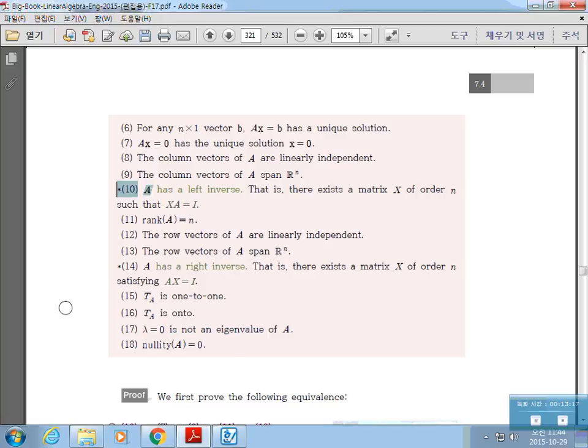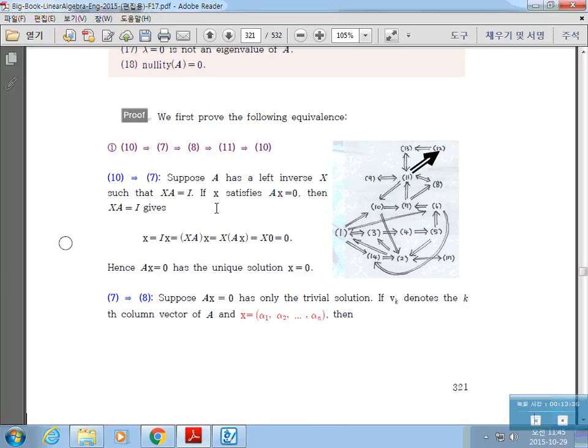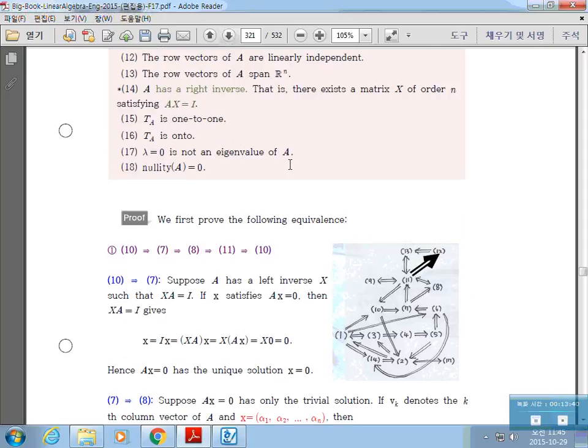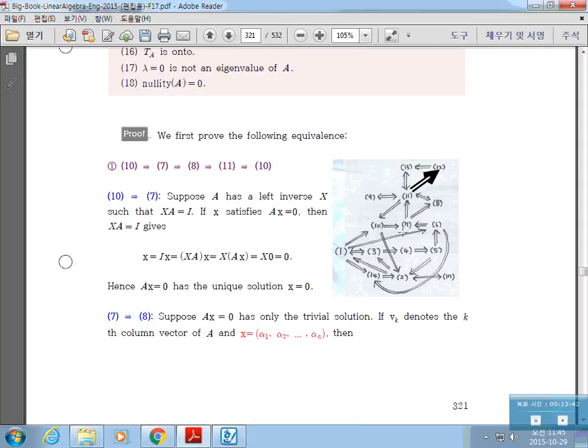Here we may define a left inverse and right inverse. This is not in the scope of this introductory linear algebra class, but this also belongs to the equivalent statements. Here is the proof. The way of proving these equivalent statements is making a cycle.